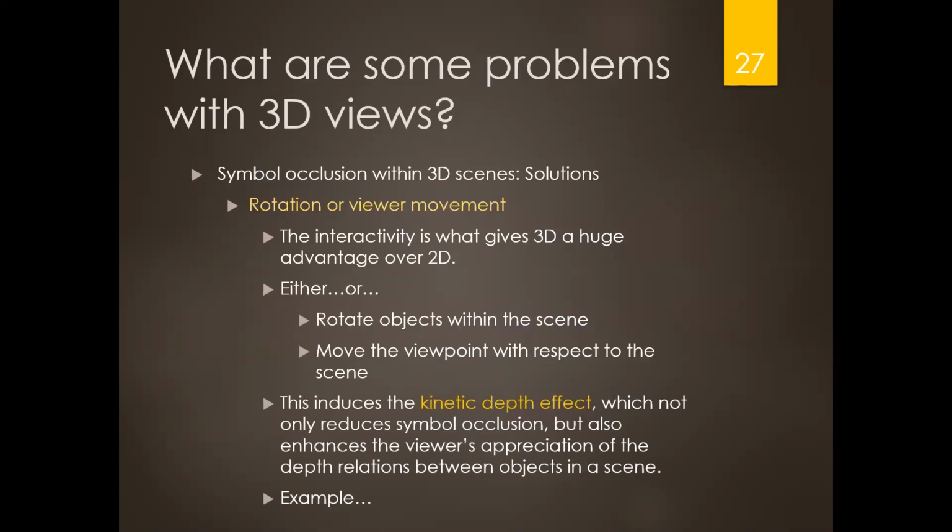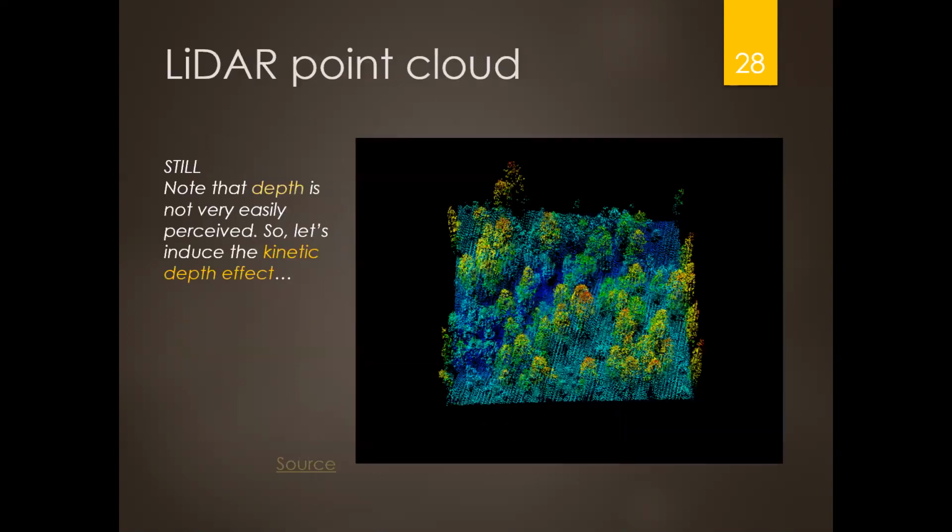But if you can rotate, if you can make your geovisualization move, then this dynamic will help you perceive the correct spatial relationship among different objects. Here is an example. Here is a static image of a forest, part of the forest. We'll see this type of image later in the topic of LiDAR.